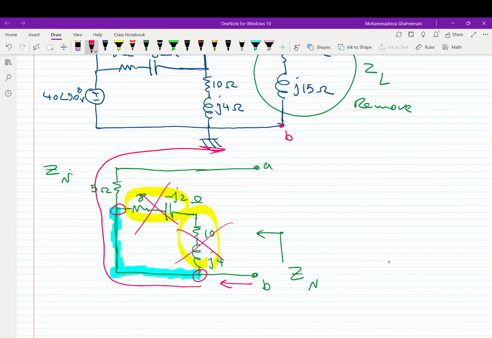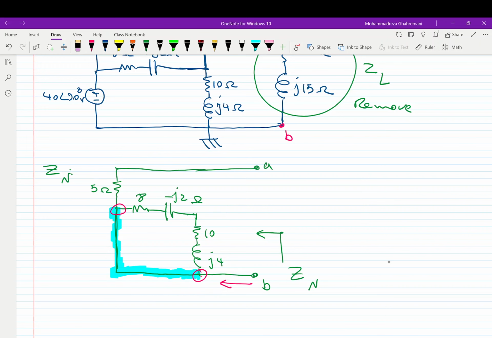No current is going to move through this way, because this way has a higher impedance. So no current is going to move through this path. Why? Because this path has higher impedances, but this path has the least impedance, so all the current moves through this path.